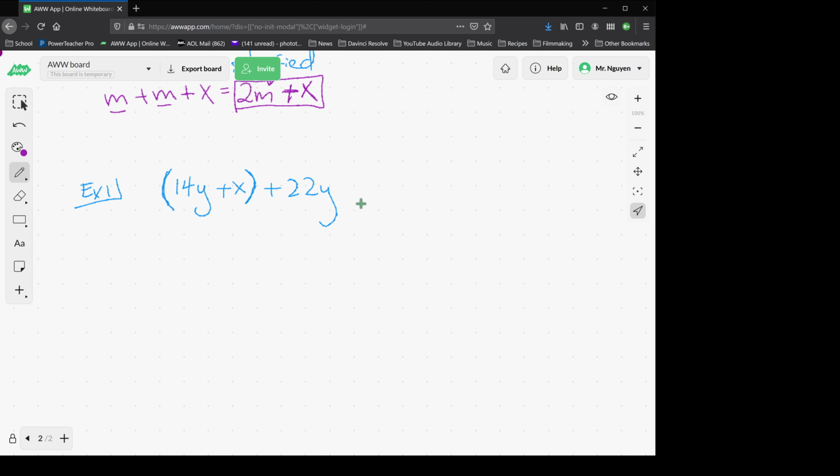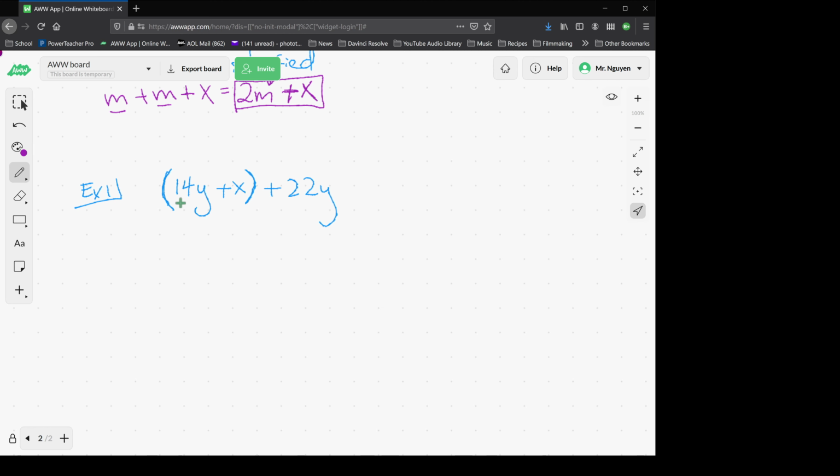Now when you look at this example, the same thing is true. Everything's being added, right? So you have 14y plus x, and then you have 22y being added to that. Now, can you add the 14y with the x? No, for the same reason why we can't add the m and the x together. You could say that there are two m's, and then we add an x to that, but we can't add the 2m and the x because they're different variables.